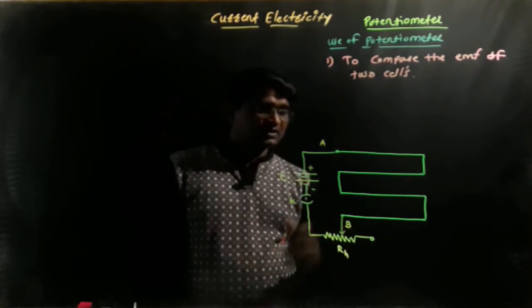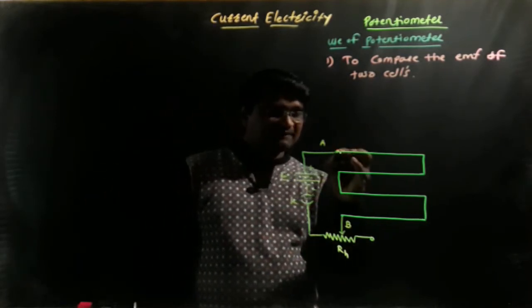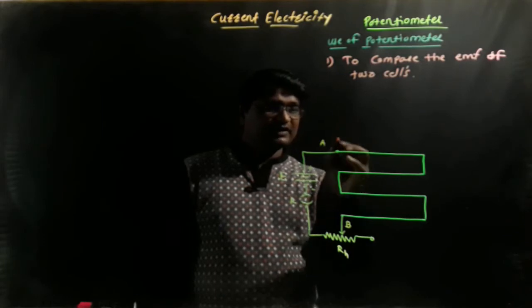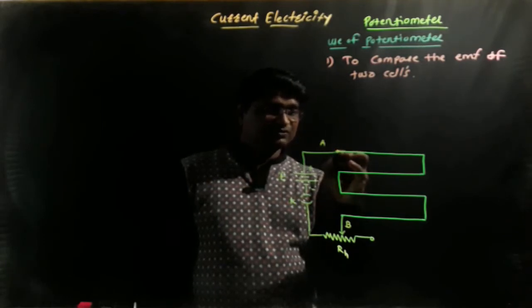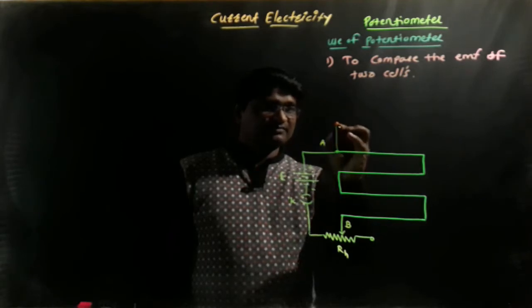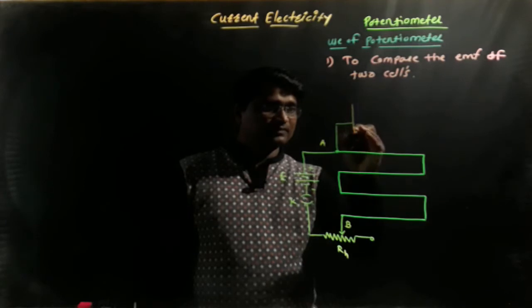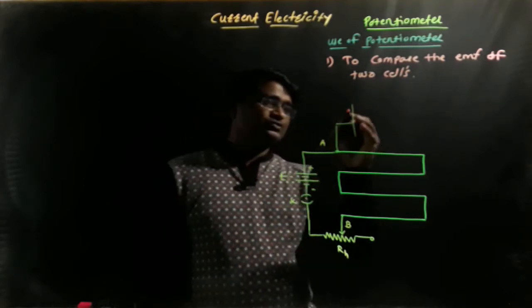Okay, so through the terminal A, now we have connected 2 wires. Let's see that type. There are two wires.